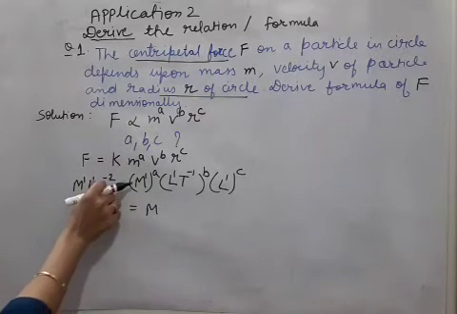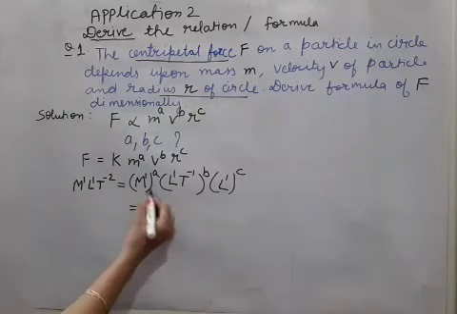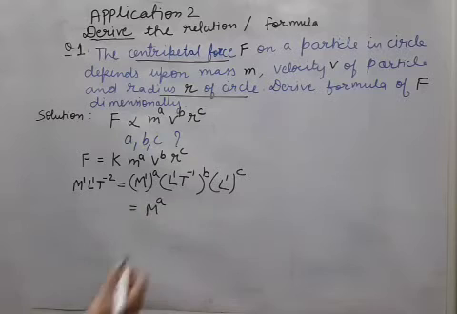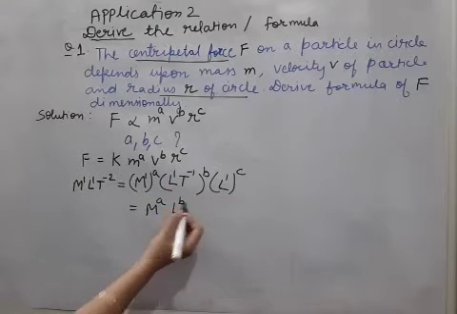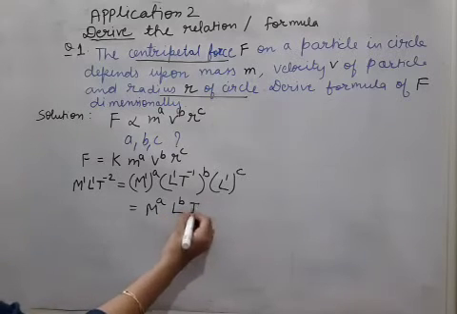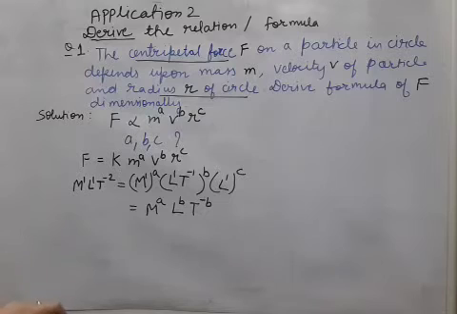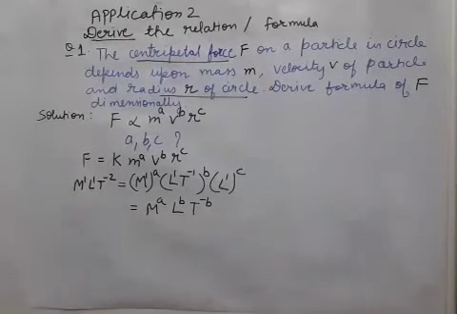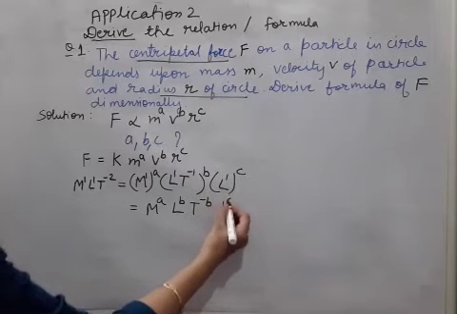So for the same term, if two powers are given, they are multiplied. So 1 into a is a. In the same manner, L power 1 into b, b. T power minus 1 into b, minus b. In the same manner, last L, its power is 1 into c, c.